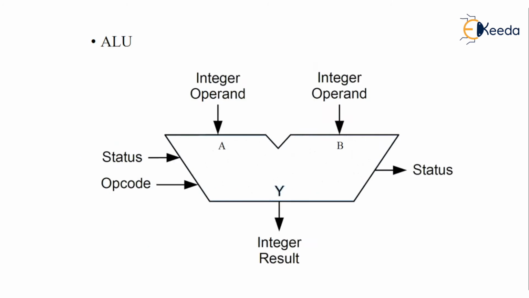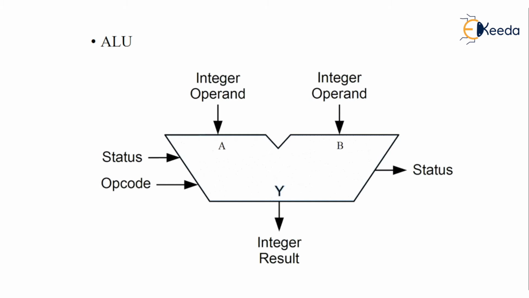Okay, the ALU, the arithmetic logic unit, is used for any arithmetic operation and logical operation. Arithmetic operations are addition, subtraction, multiplication and division. Logical operations are AND, OR, XOR, NOR, and logical NOT.